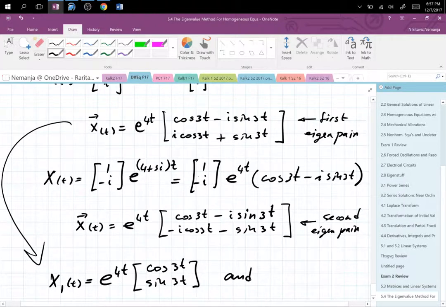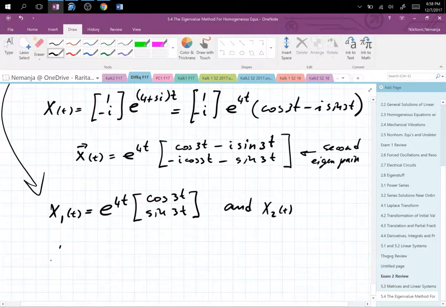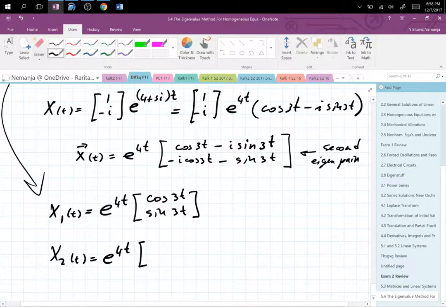And you have x2 of t, which is e to the 4t, and then again you are getting cosine 3t, and then you have negative sine 3t. Oh, they have to be reversed. Why are they reversed?